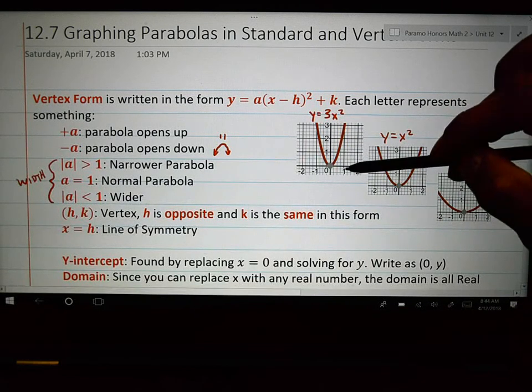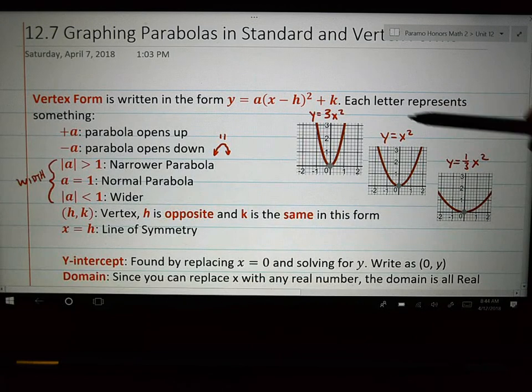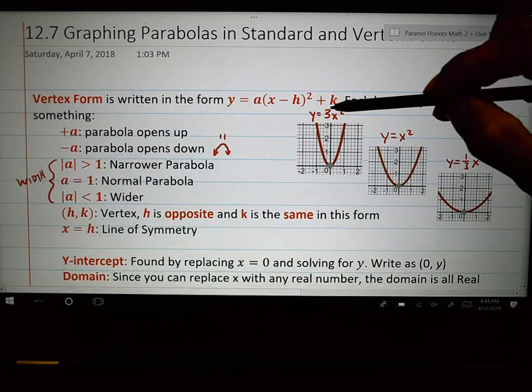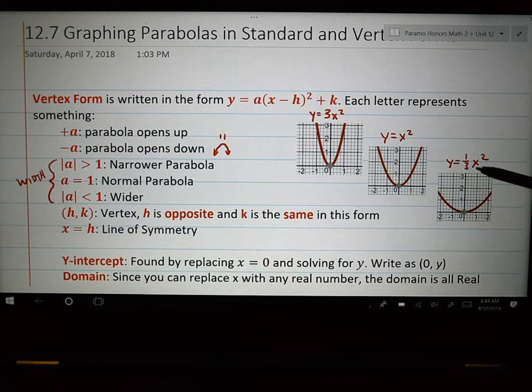If you plug in 2, 2 squared is 4, times 3 goes through 2, 12. So don't think of these as linear graphs, but you can kind of tell how narrow or how wide a graph is based off of this first unit. It goes to the right 1 and up 1/3, to the left 1 and up 1/3 of the way.